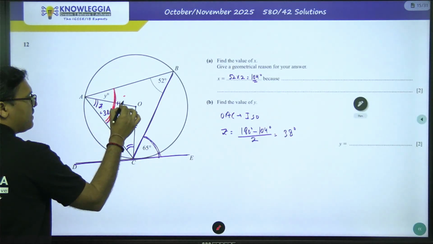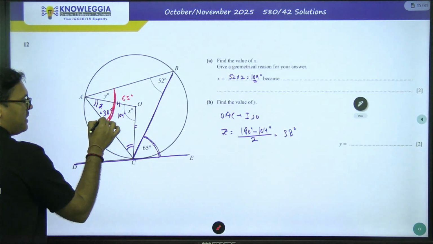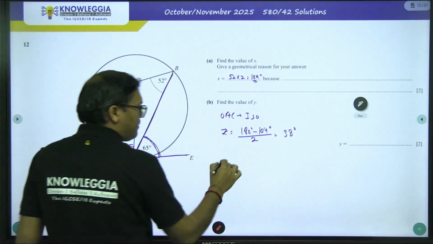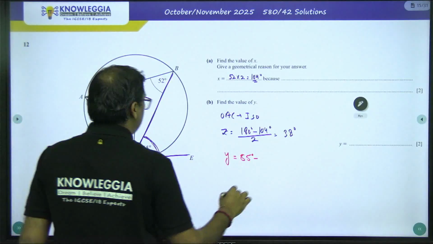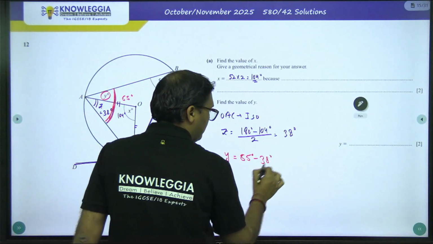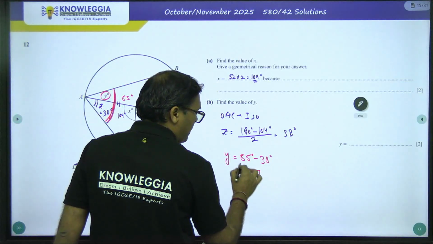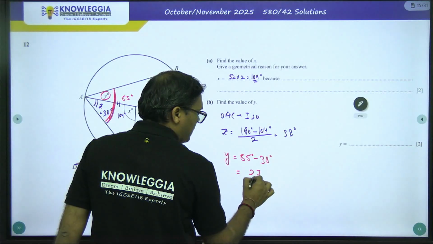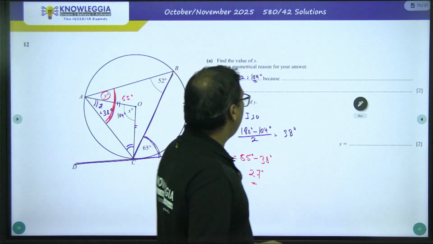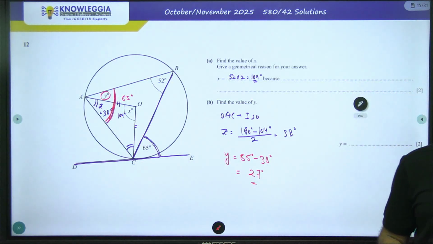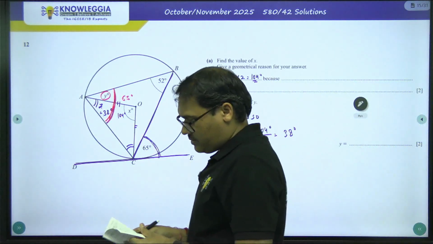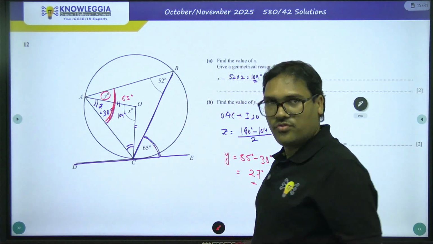Now, if this is 65, this is 38, I can easily write what is y. y will be equal to 65 minus 38. So what is this? This is 27. So the value of y is 27 degrees. So just check the answer. This is 27 degrees and 104 degrees.